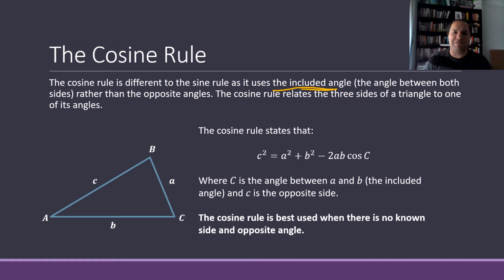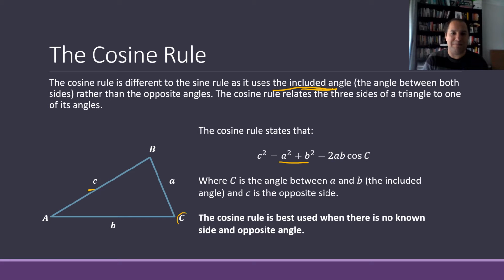Now the cosine rule relates all three sides of a triangle to one of its angles. And it states that little c squared is equal to a squared plus b squared minus 2ab cos big C. So cos of the angle opposite.